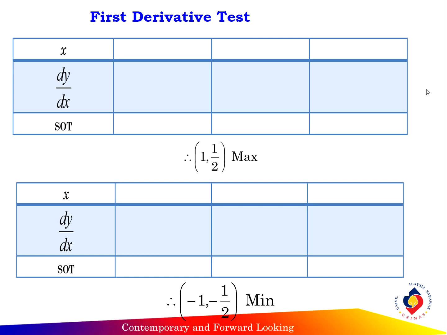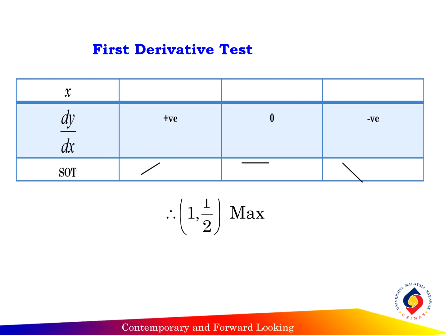Okay, so first value of x here equals 1, and you substitute into the function, and find the sign of the first derivative.